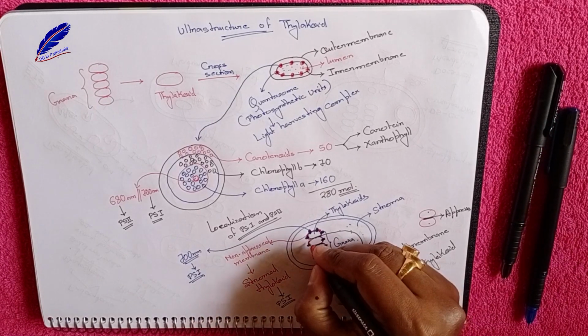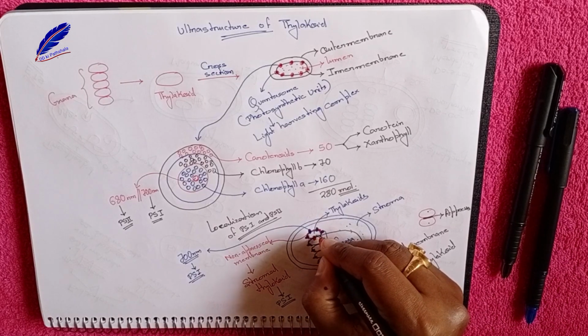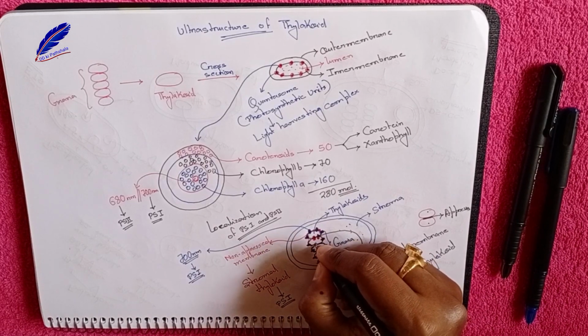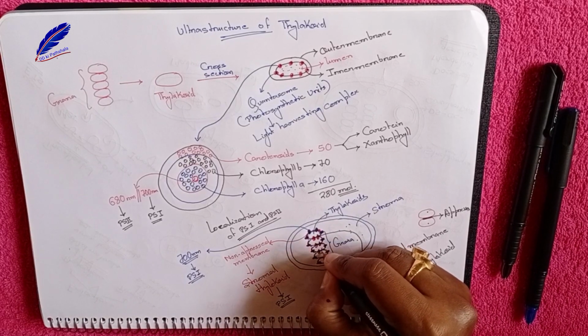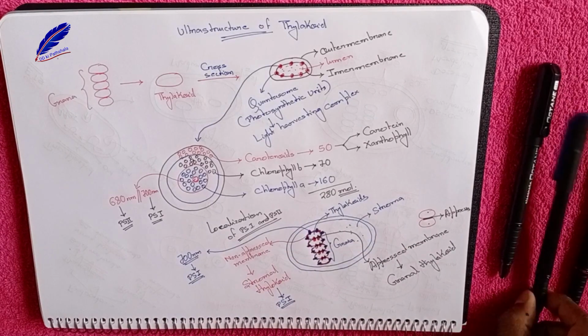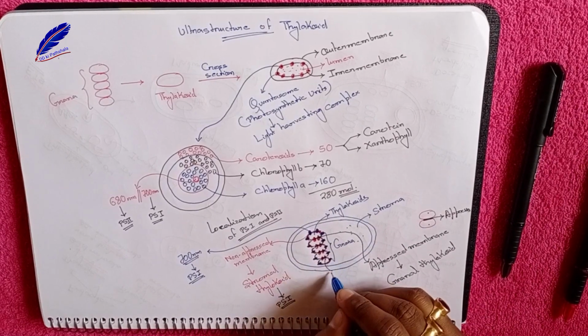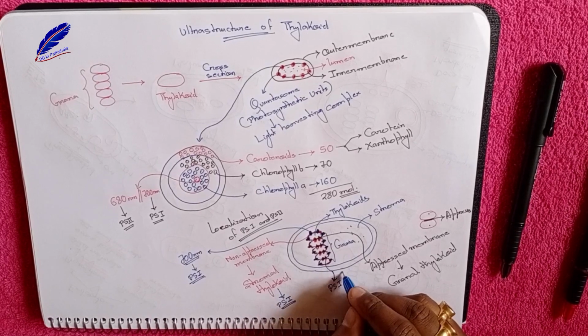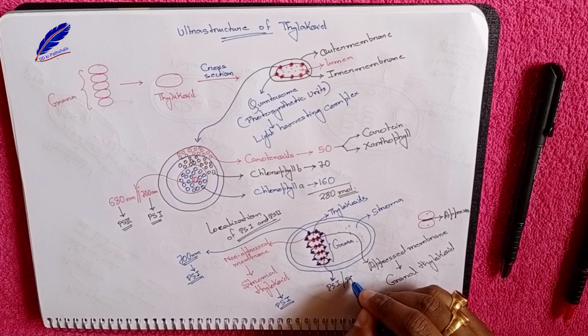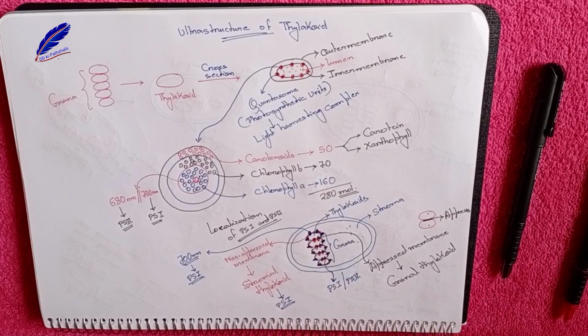While in the appressed membrane, the quantasomes that are present can be of either PS1 type or PS2 type.